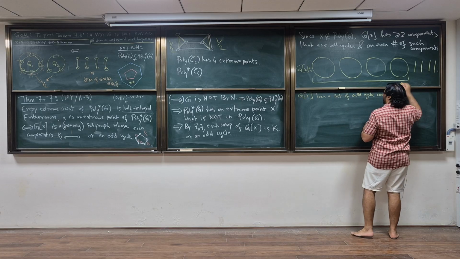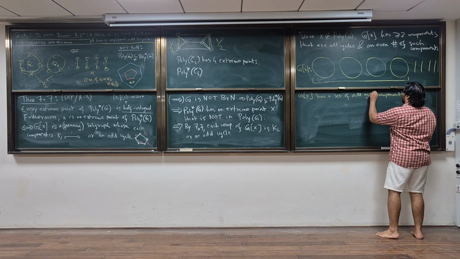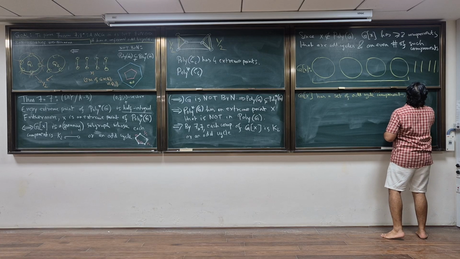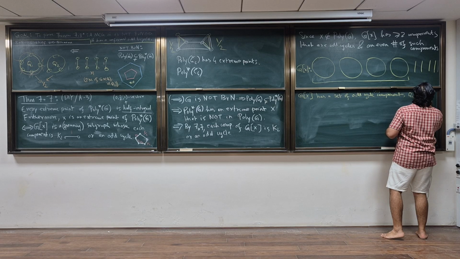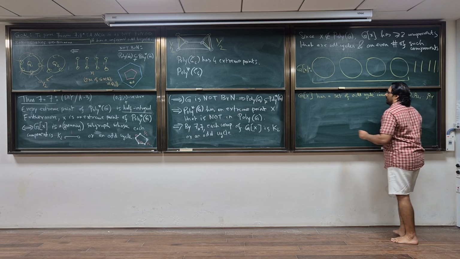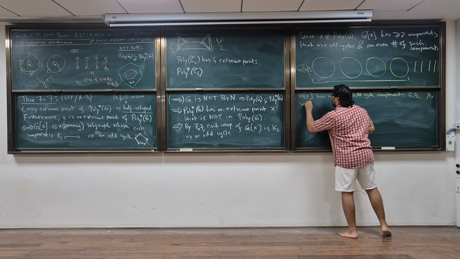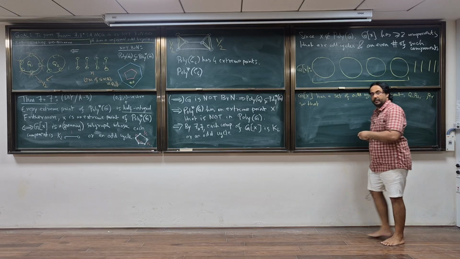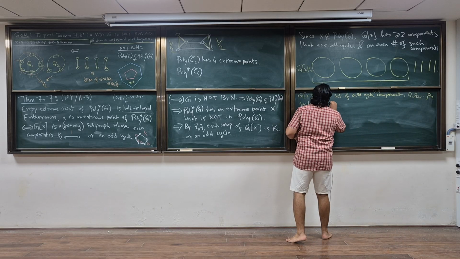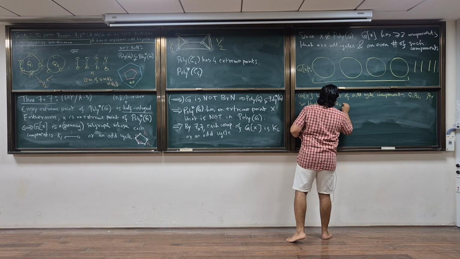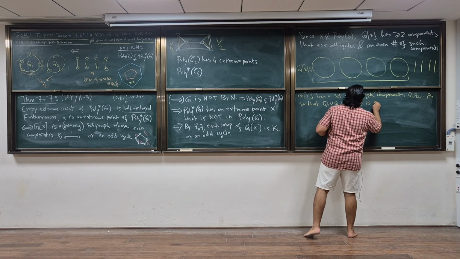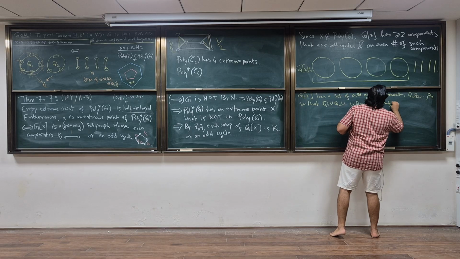I'm referring to all the components, right? I'm referring to taking all these odd cycle components. Let's say I call them Q1, Q2 up to QR, so that this entire subgraph, Q1 union Q2 up to QR, is a conformal subgraph.